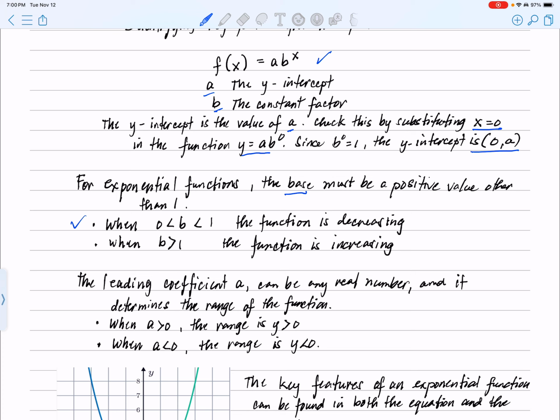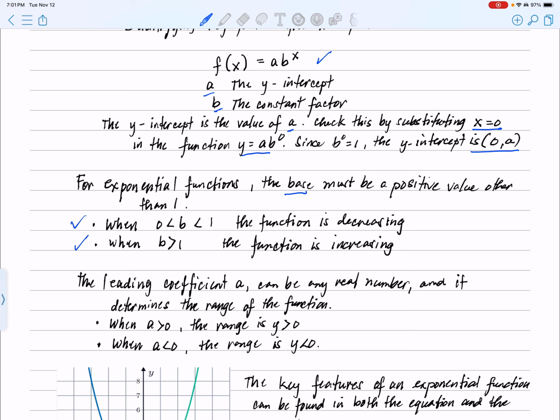When b is between 0 and 1, or b is less than 1, the function is decreasing. When b is greater than 1, the function is increasing.